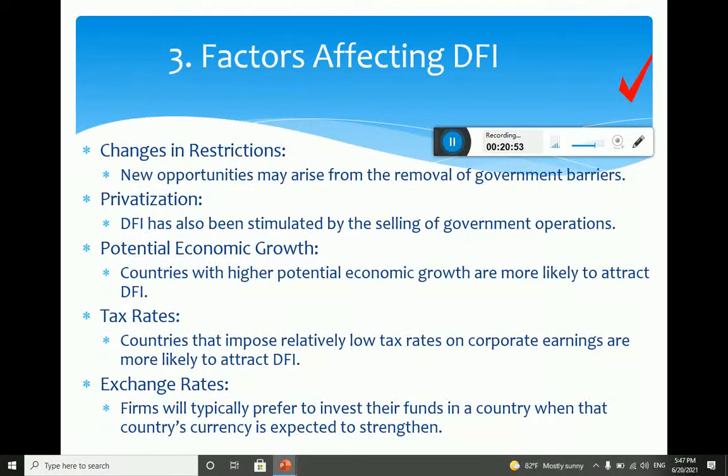But if there are no restrictions, like in Turkey these days, there are fewer restrictions from the government side, so people around the world have started investing in Turkey. People who invest $100,000 there, they give them permanent residence and a lot of other opportunities.